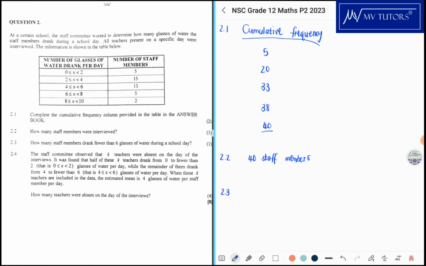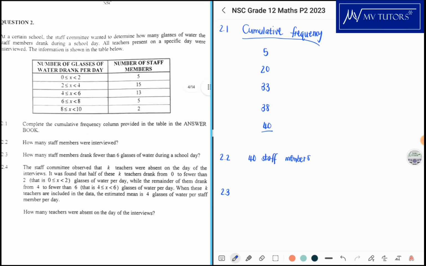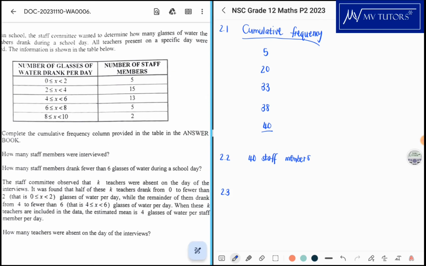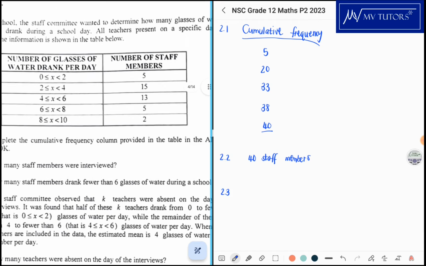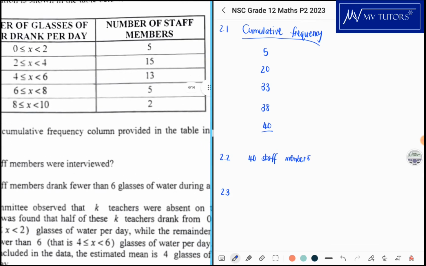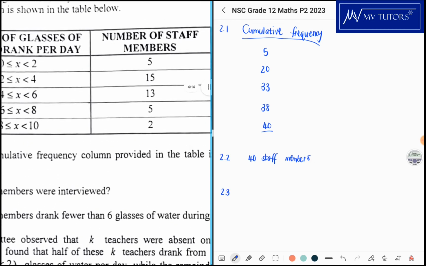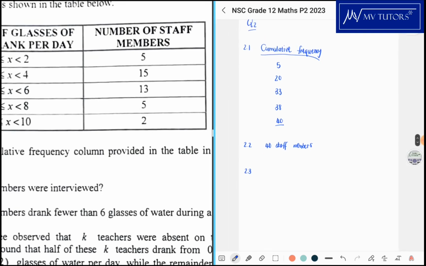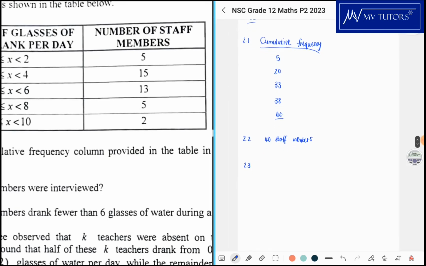And then, how many staff members drank fewer than 6 glasses of water during a school day? Okay, it's nice when you have this information next to the table, because you can then see for this column over here. So let's just say, it's not exactly, but we can sort of put our information next to it.